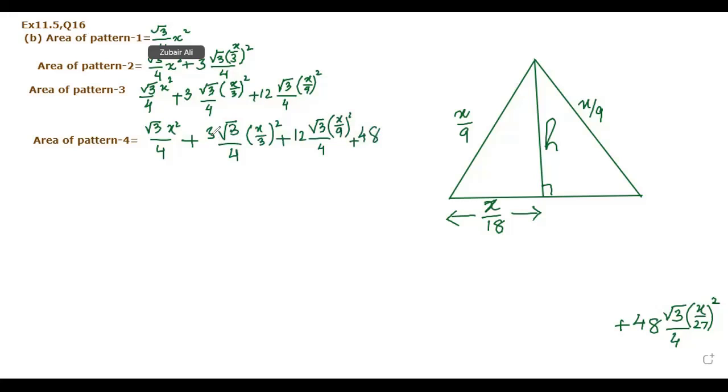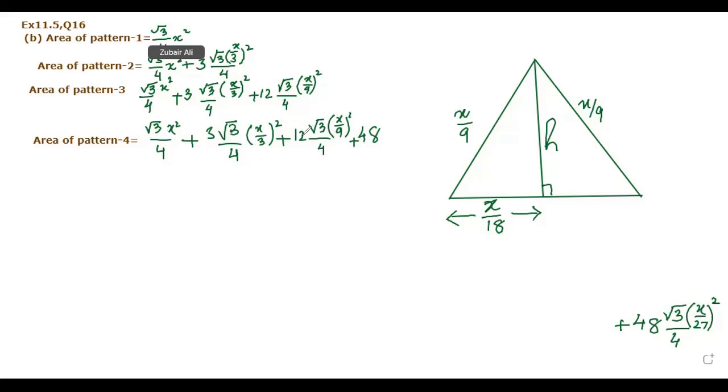Why 48? Because after the first one was the original triangle, we can see in each pattern or in each new triangle the base is not included in that one. So that is why that was 1/3, and then triangle pattern is basically started from the second term.